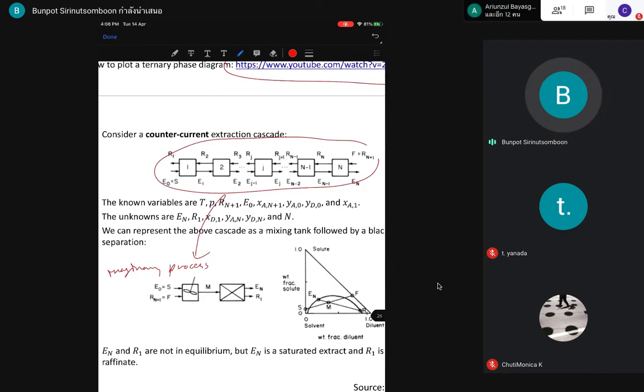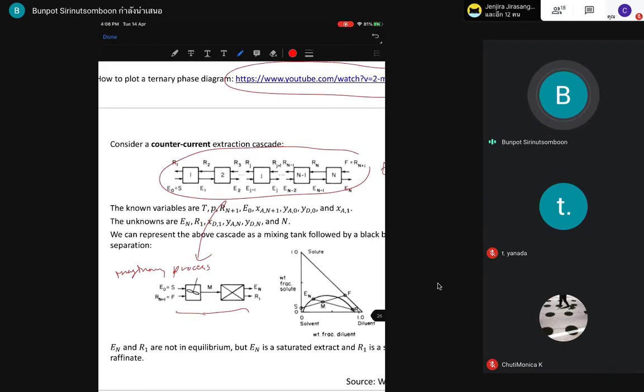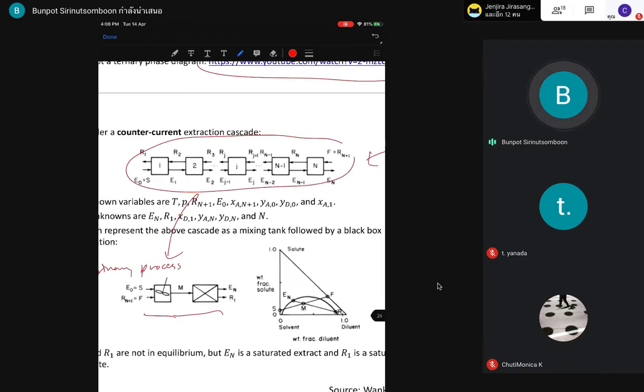You find the imaginary process that represents these stages, and from this you can imagine it as these two boxes here. And from these two boxes, you can draw on the triangular diagram like this.